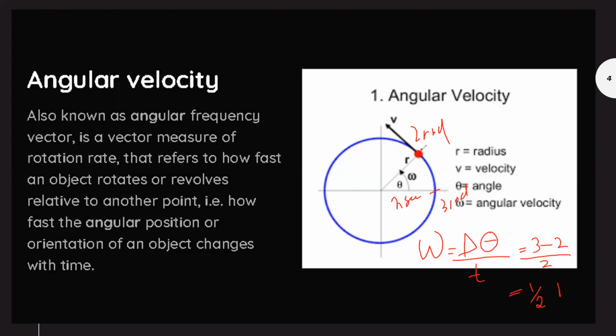It will be radian per second. Omega is the angular velocity. We have linear velocity V, but for the angular we cannot keep the same name. We change it to omega.